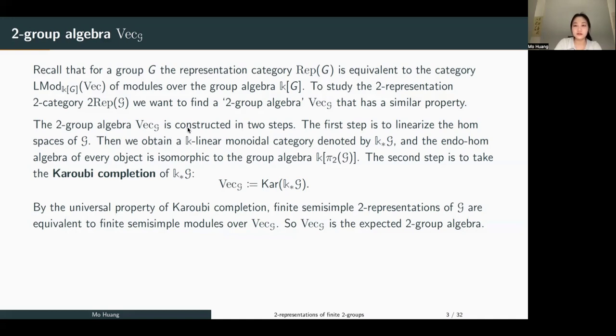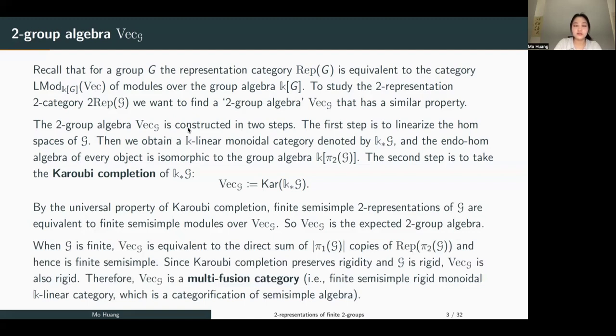The first step is to linearize the hom space of G. Then we obtain a K-linear monoidal category denoted by K star G. And the endomorphism algebra of every object is isomorphic to the group algebra K Pi2G. The second step is to take the Karoubi completion of it. By the universal property of Karoubi completion, finite semi-simple two representations of G are equivalent to the finite semi-simple modules of Vec G. So Vec G is our expected two group algebra.